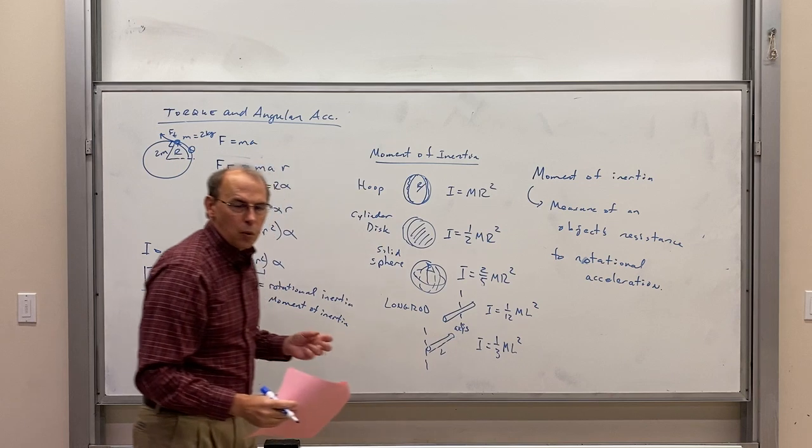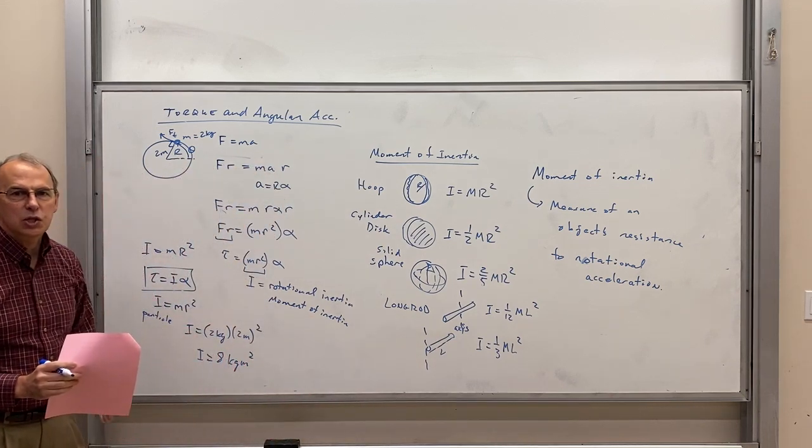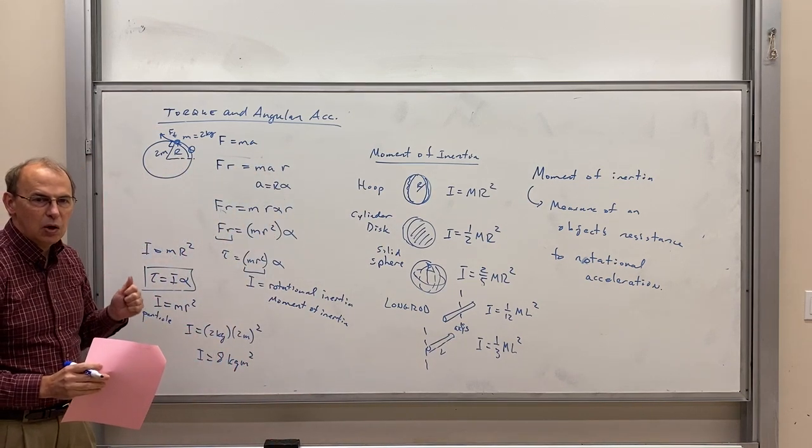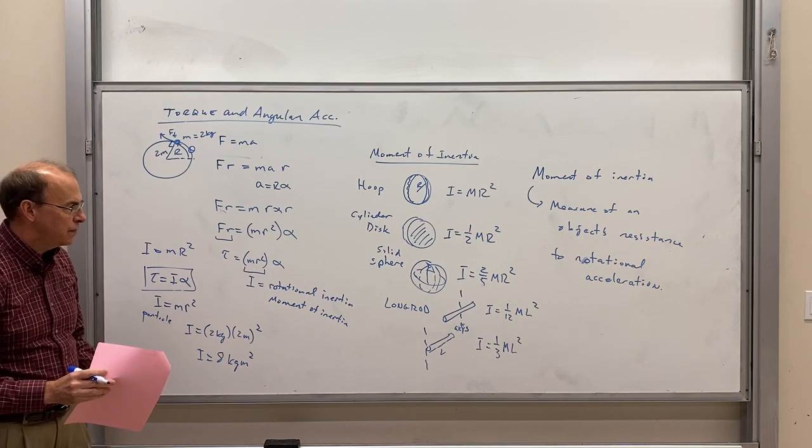The bigger that number is, the harder it is to make that thing spin, or if it's already spinning, the harder it is to slow it down.